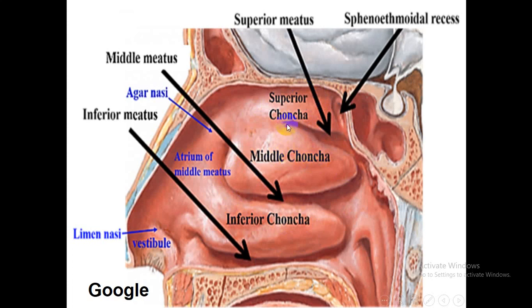The area below each concha is referred to as a meatus: the superior meatus below the superior concha, the middle meatus below the middle concha, and the inferior meatus below the inferior concha. The superior and middle conchae are processes of the ethmoid bone, while the inferior concha is an independent bone.